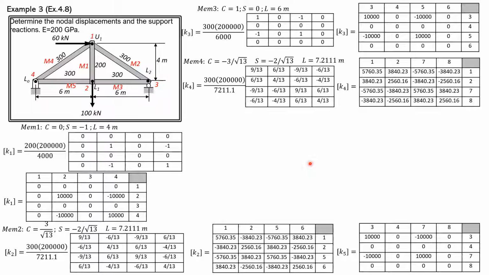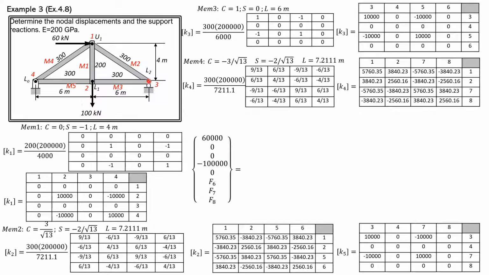So we now assemble the structural stiffness matrix, or the global stiffness matrix. The forces are, at 1 we have 60,000 newtons, then 0 for F2, the vertical. For F3, 0, but F4 is negative 100,000 again.